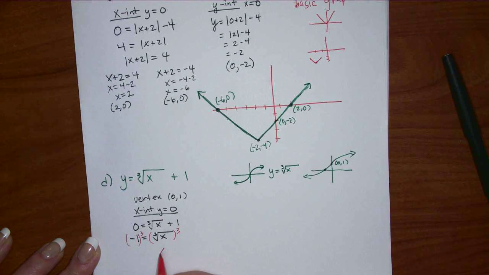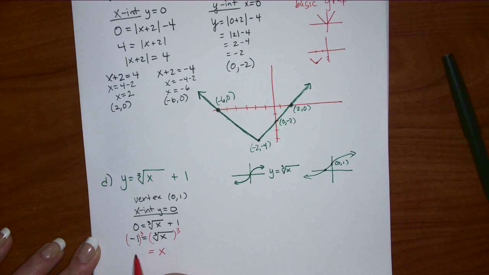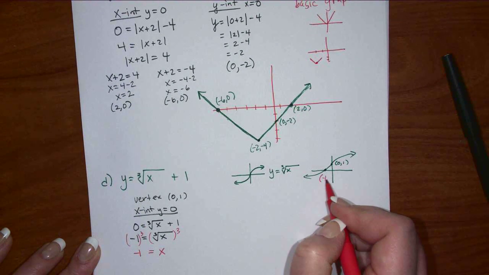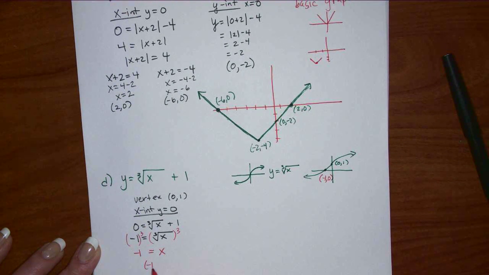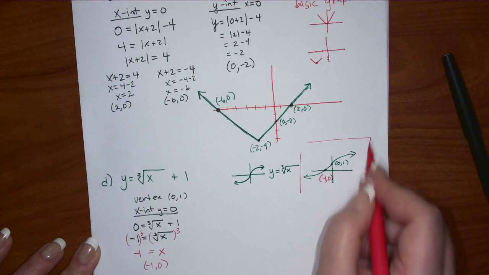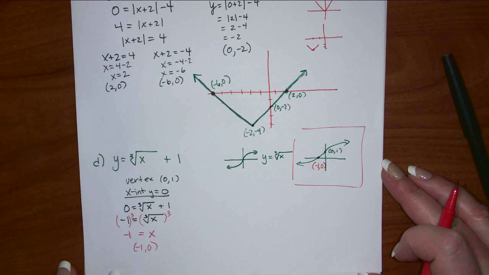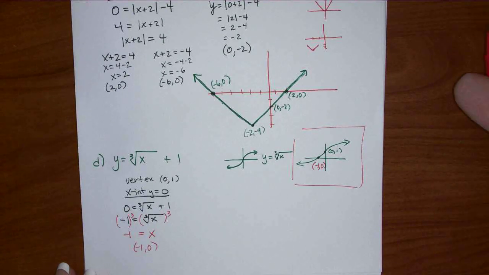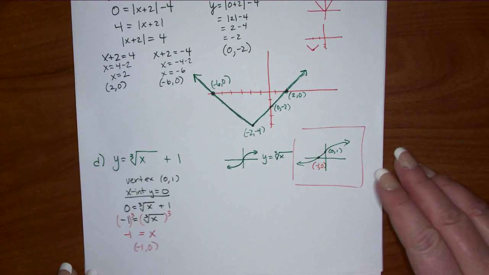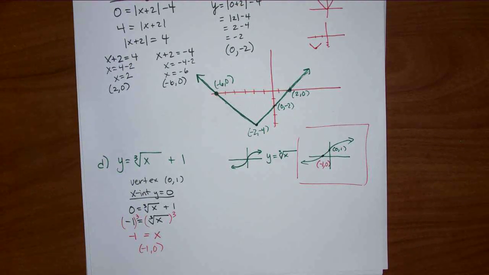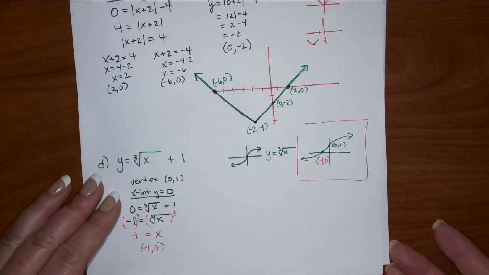So they cancel, that's x equals negative 1 cubed, which is negative 1. And there would be our graph. Okay, let's do a hyperbola.